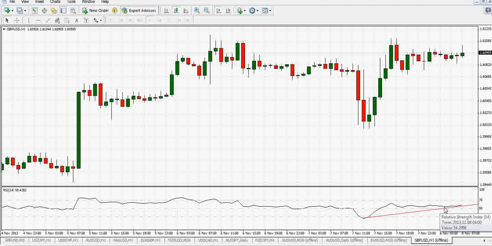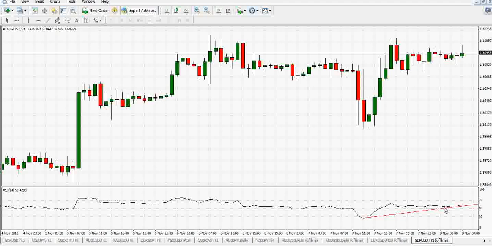But what is the problem with RSI? The best RSI trend line is the line which connects a lot of spots. So if you, for example, have an RSI line that connects 3, 4, 5 important price levels, that kind of trend line is very, very strong.